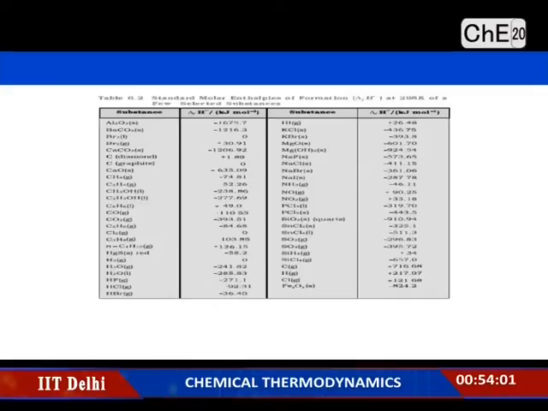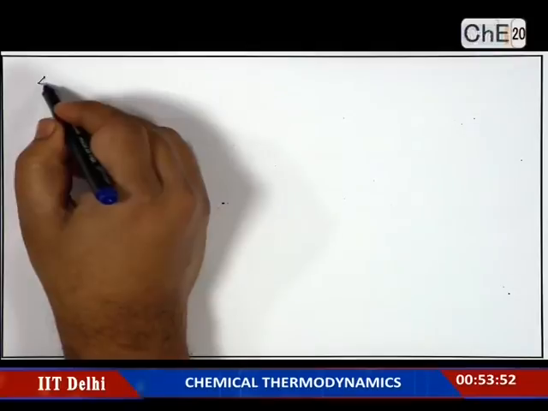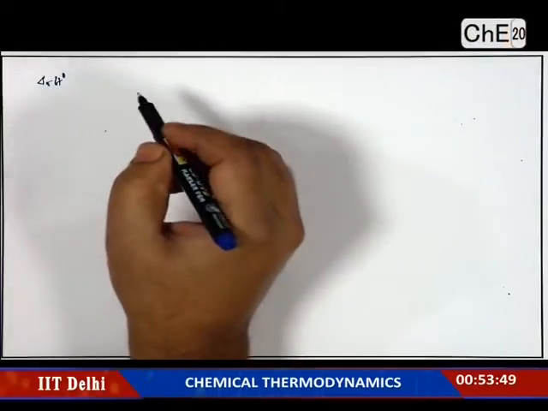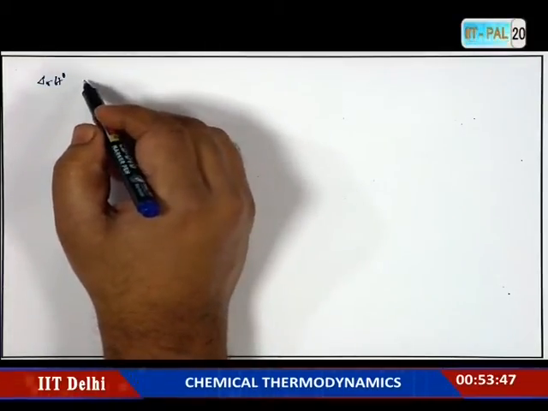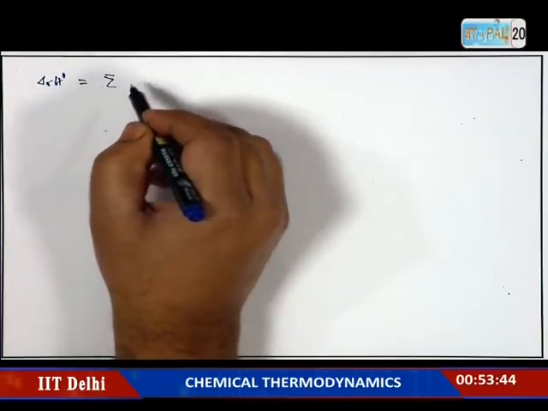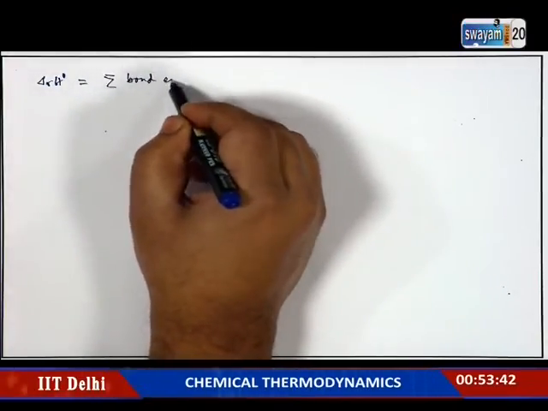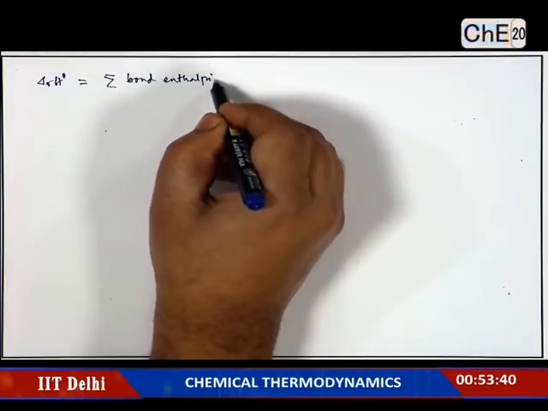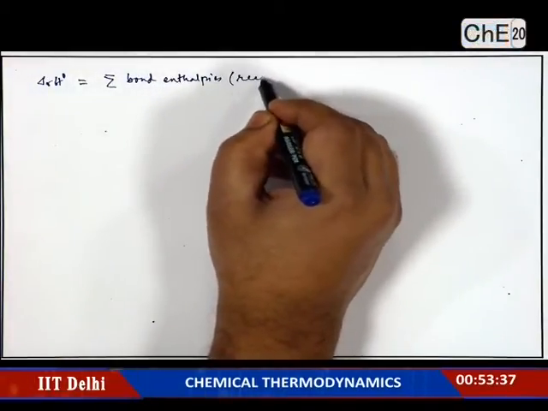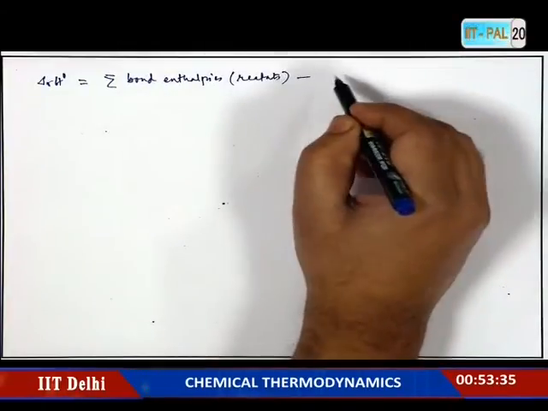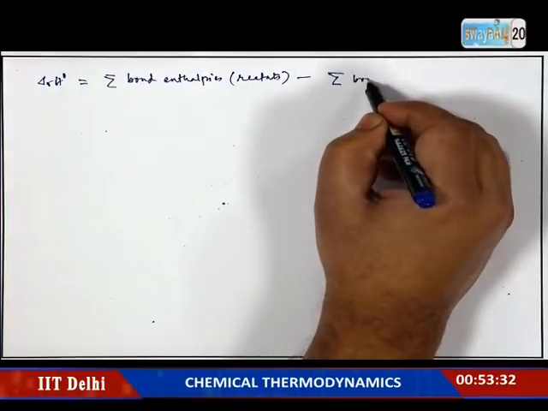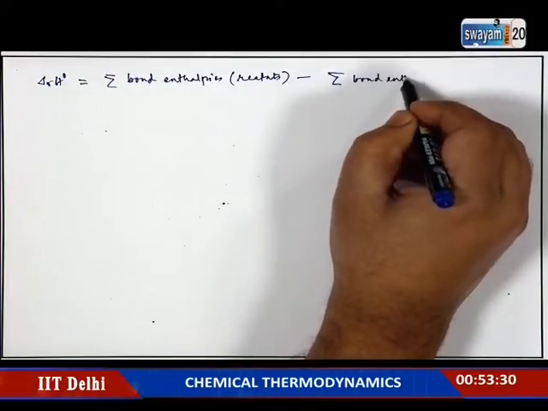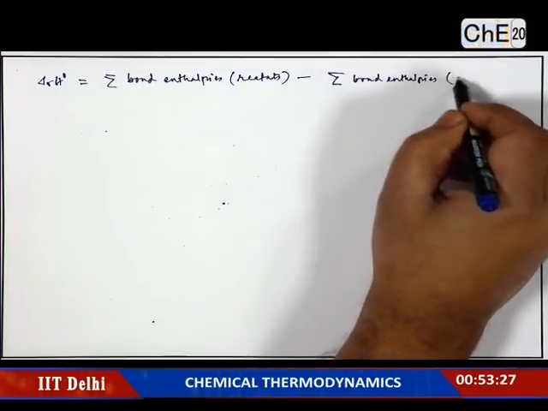Now, sometimes for gaseous reactions, if you do not have the values for the enthalpy of formation, you can get the standard enthalpy of reaction from bond enthalpies: the summation of bond enthalpies of reactants minus the summation of bond enthalpies of products.